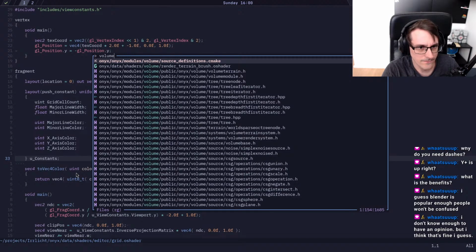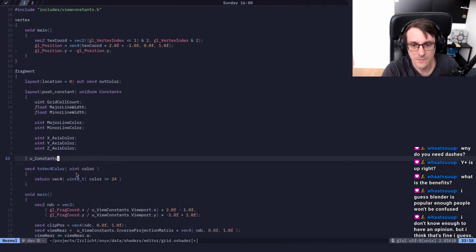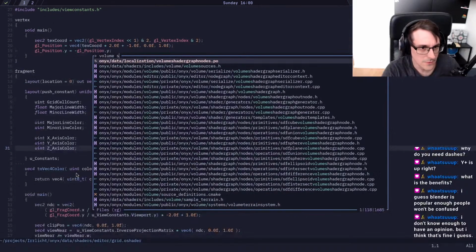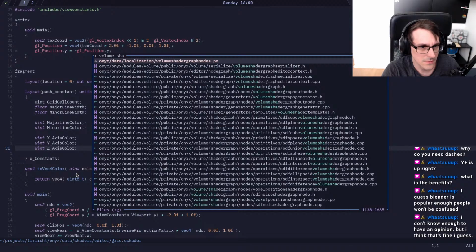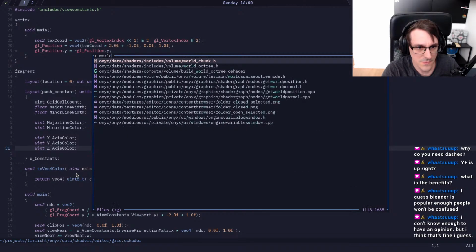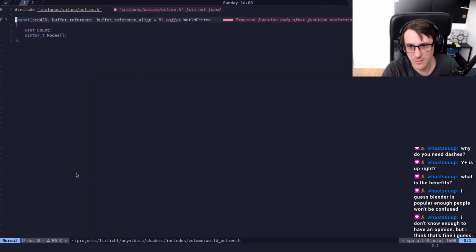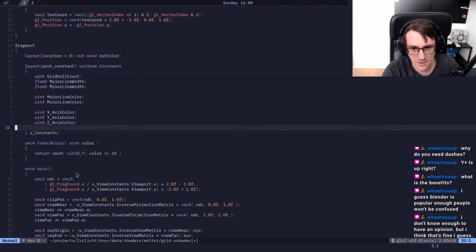Shader graph nodes, no. Oh, here. Is it this? No, it's probably uint8, yeah.